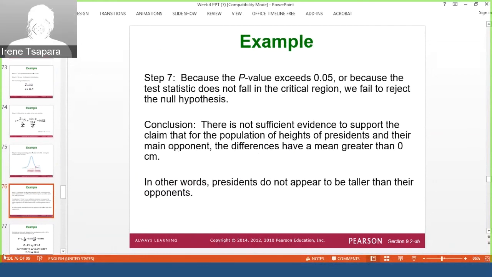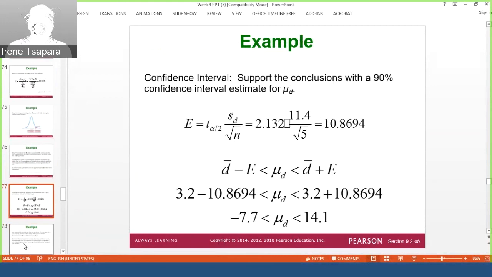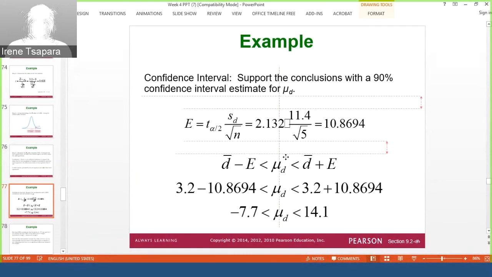Now, if you want to calculate the confidence interval, same situation, 90% confidence interval. The numbers that you calculate are the same. Remember, and this is important to remember here, when you calculate the confidence interval, the confidence interval that you calculate is not on the means, it is on the difference of the means.